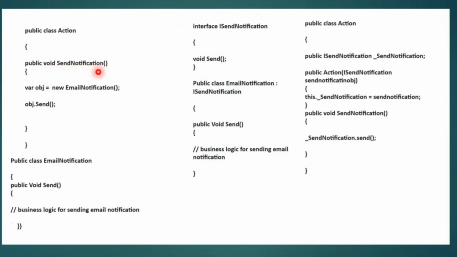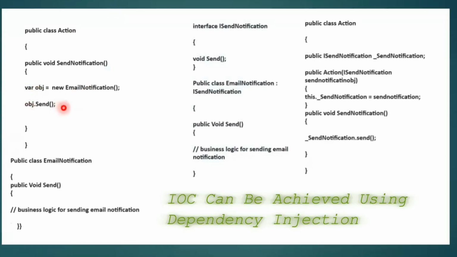Here in the SendNotification method, I am creating an object of EmailNotification, because for sending a notification we require the EmailNotification class. So this high level class Action depends on the low level module, directly on this class. And by using obj.Send, I am calling the Send method of EmailNotification and sending a notification.